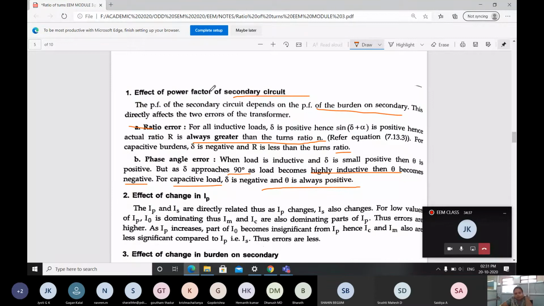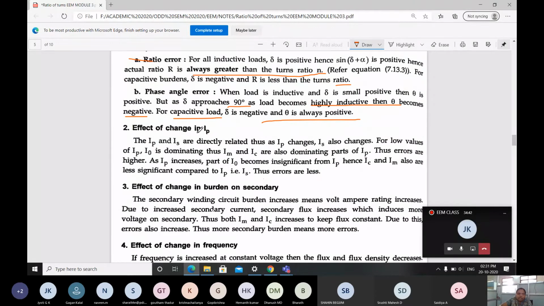Next, the effect of change in IP, the primary current. IP and IS, the primary and secondary currents, are directly related: as the primary current changes, the secondary current also changes. For low values of IP, I naught is dominating, thus IM and IC are also dominating parts of IP, so errors are higher.